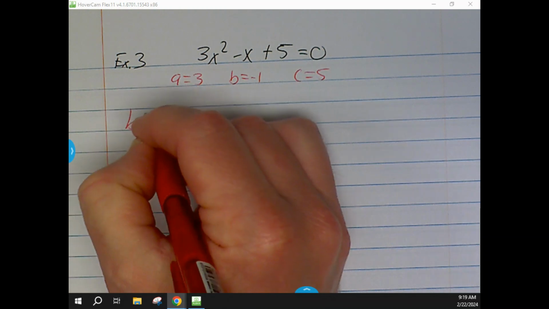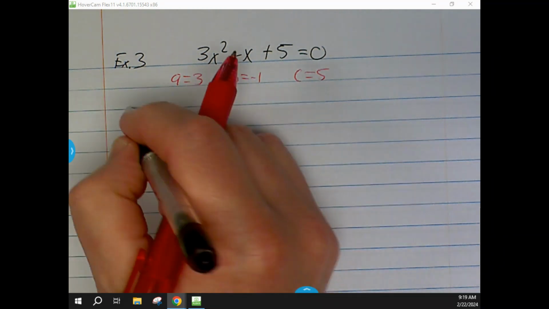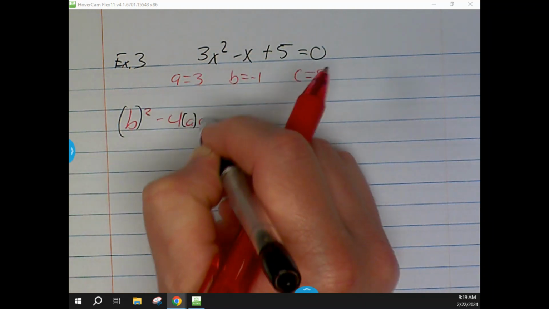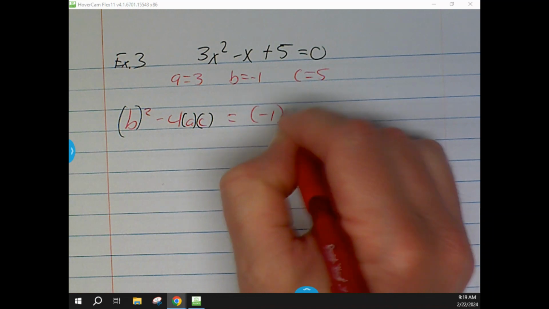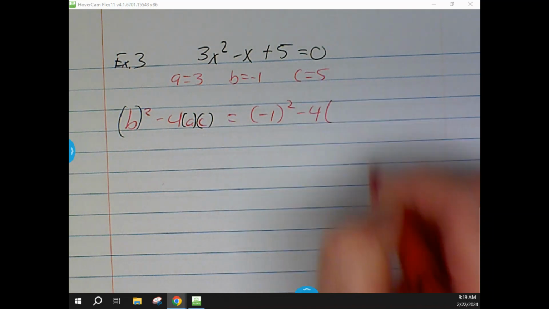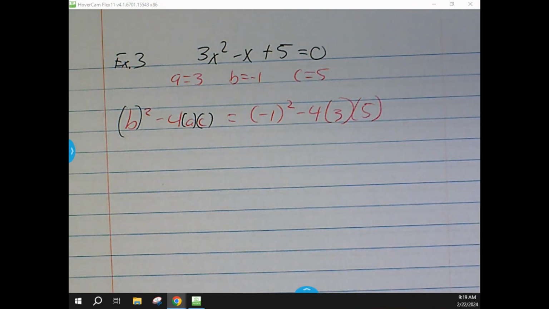So for the discriminant, again, putting the a and the b and the c all in parentheses when we plug it back in. That's going to make it -1 squared minus 4 times a times c.